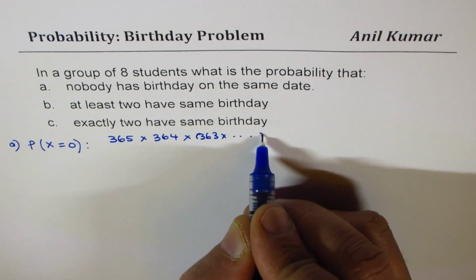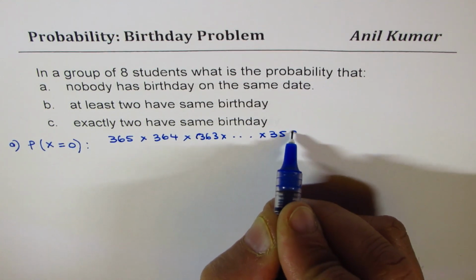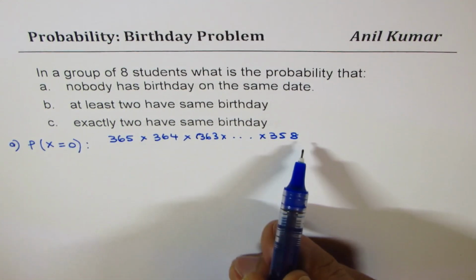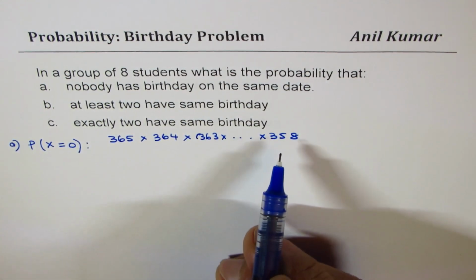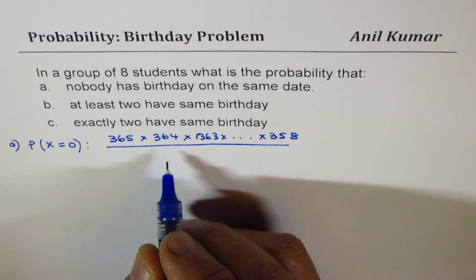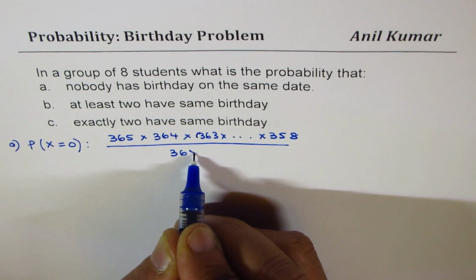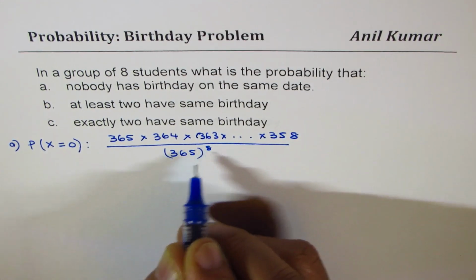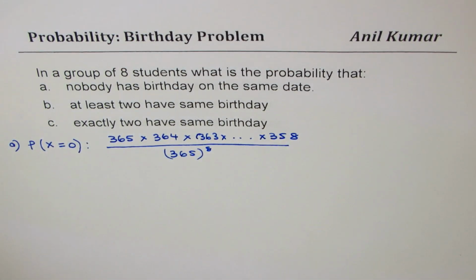So 8 of them, down to 358, right? That makes 8 persons, all unique dates. Divided by, since total number of outcomes is 365 to the power of 8. That becomes your answer for nobody has the same birthday.